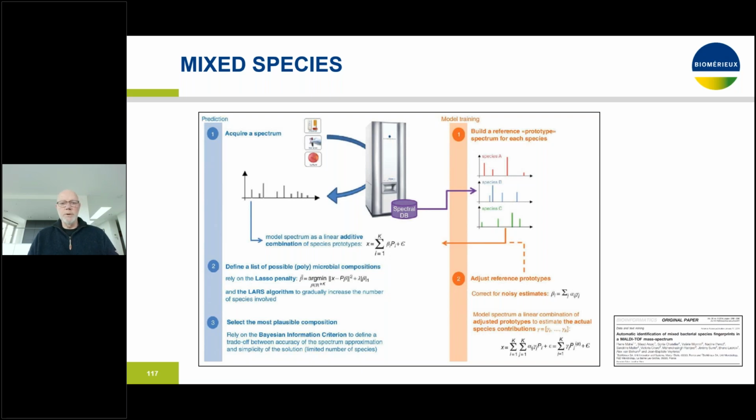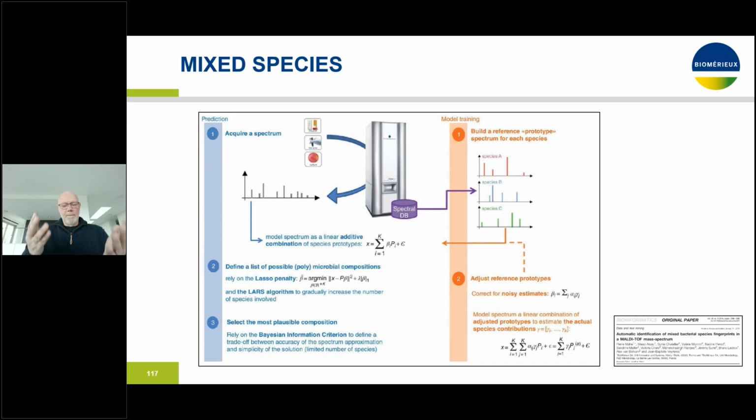So there are multiple species swimming around in the same bottle of liquid culture media. And also urinary tract infections can be mixed in nature.